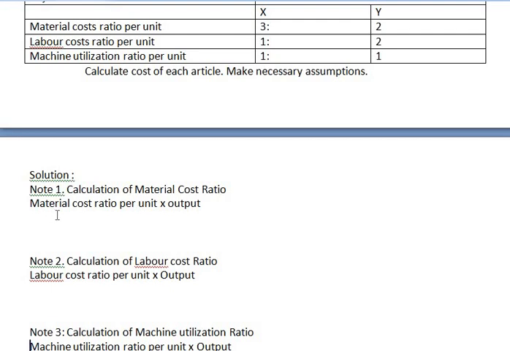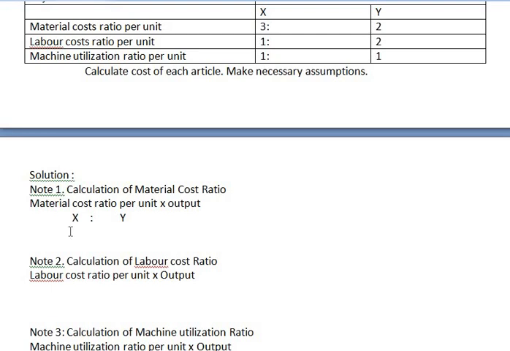So write down the formula: material cost ratio per unit into output. As here two articles are available, X is to Y.